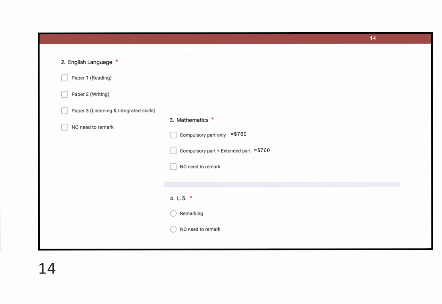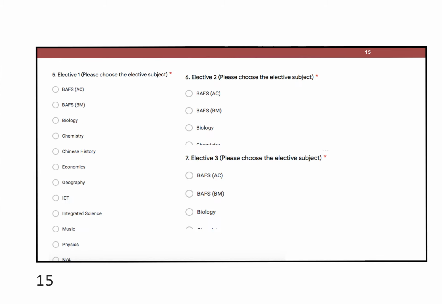For math, remarking core math only or core math plus module, both need to pay $760. They are collectively counted as one subject. For the electives, please choose from the list of subjects that we offer. If you have no intention to apply for remarking the elective subjects, just click NA at the bottom of the list.